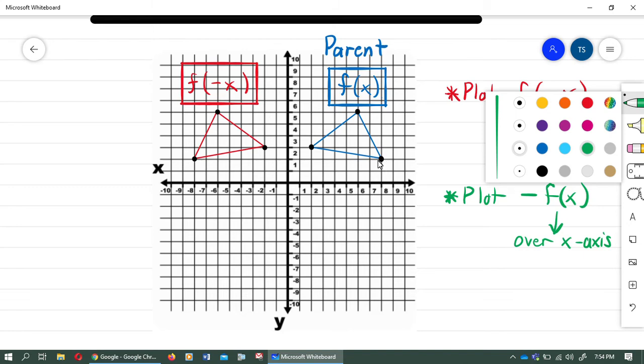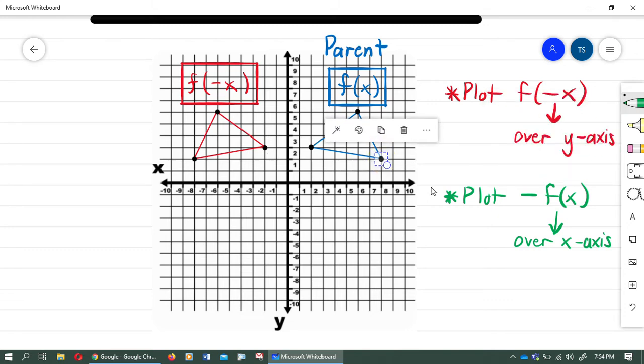Make sure that when you plot the new point, it's the same distance away from the x-axis. So again, let's say we're doing this point right here. The ordered pair for this point is 8, 2, right? The distance of that point away from the x-axis is 2 units.